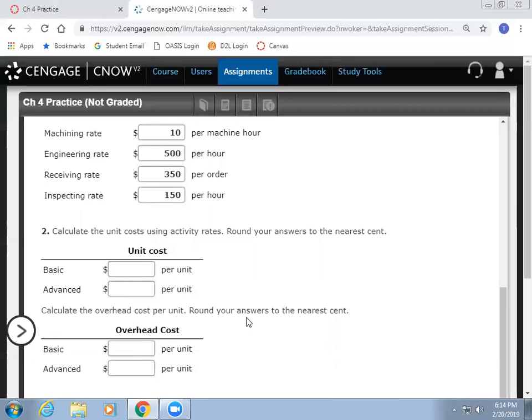Okay. So that would be total overhead. And honestly, they're going to ask us to calculate overhead cost per unit. So it's not a bad idea to go ahead and calculate what your total overhead is. I guess we could do that first, even though it puts it second. It makes more sense while we have it up here. So what is just your total overhead? Not per unit, but just your total overhead.